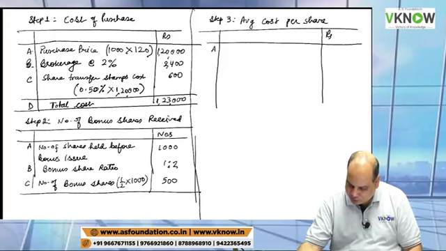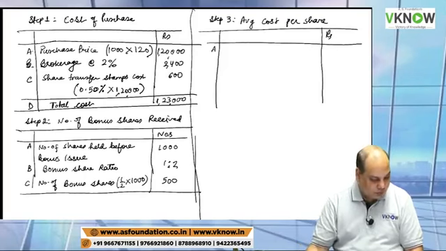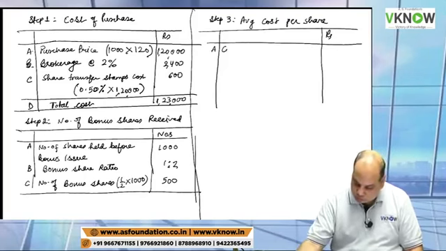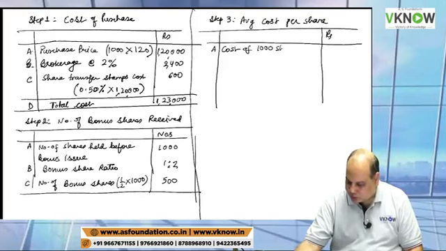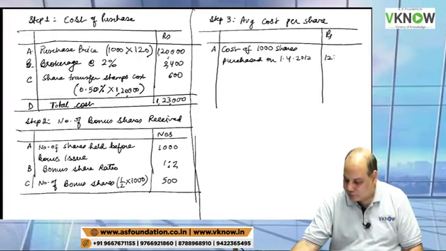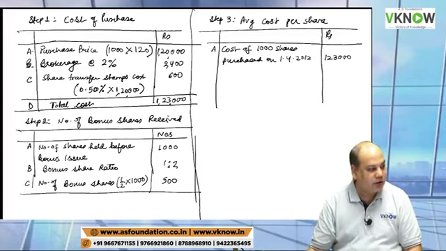First we'll write down cost of 1000 shares purchased on 1st April 2012, and that is 1,23,000.